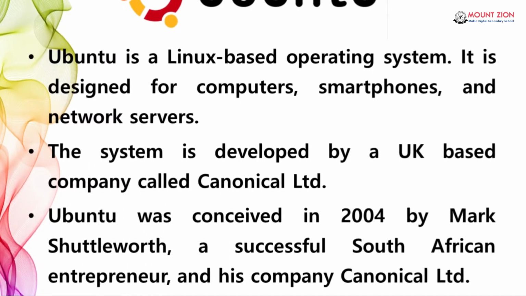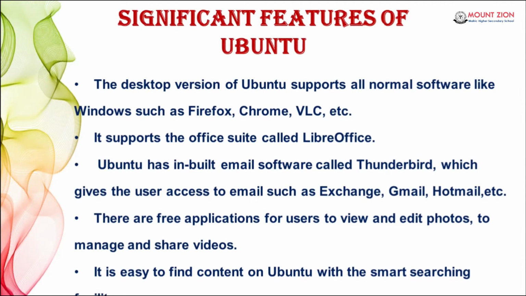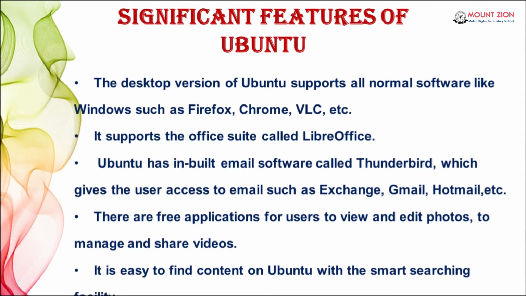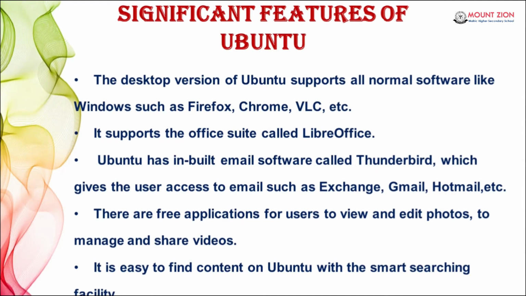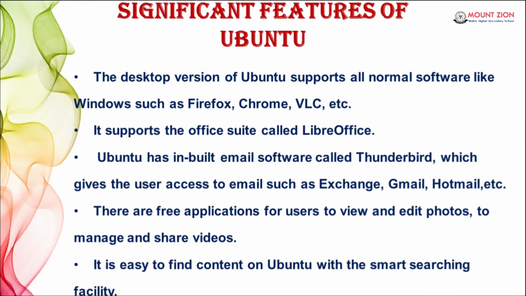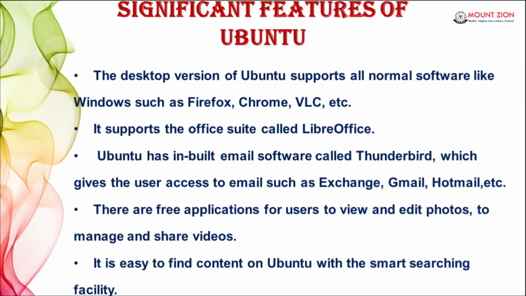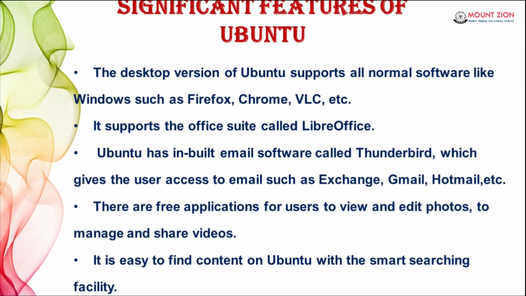The next one is features of Ubuntu. There are many features of Ubuntu which are very unique and very special. The desktop version of Ubuntu supports all normal software like Windows, like Firefox, Chrome, VLC Media Player.